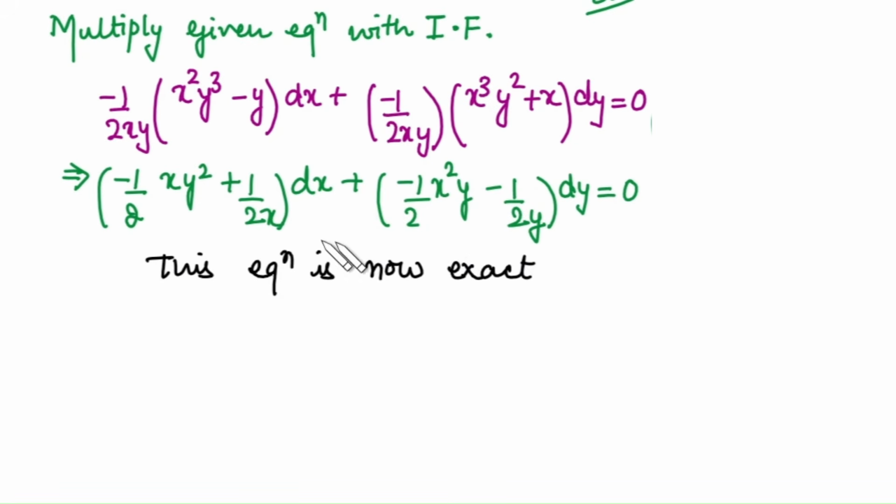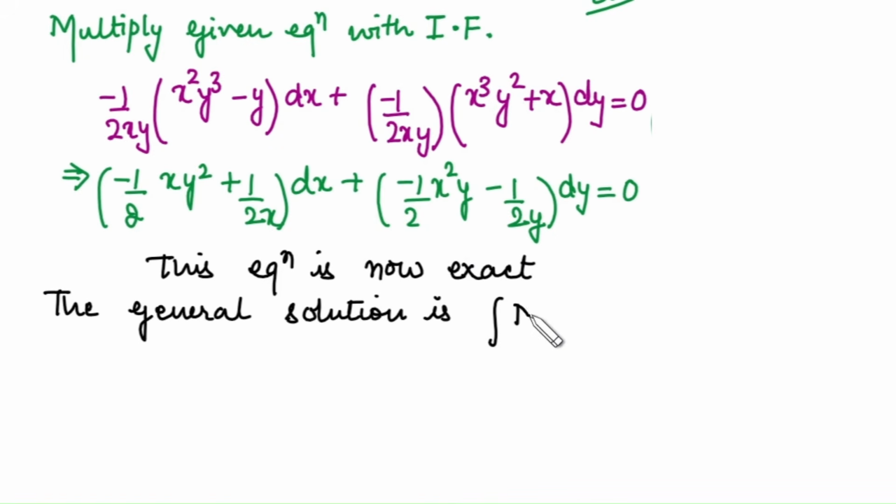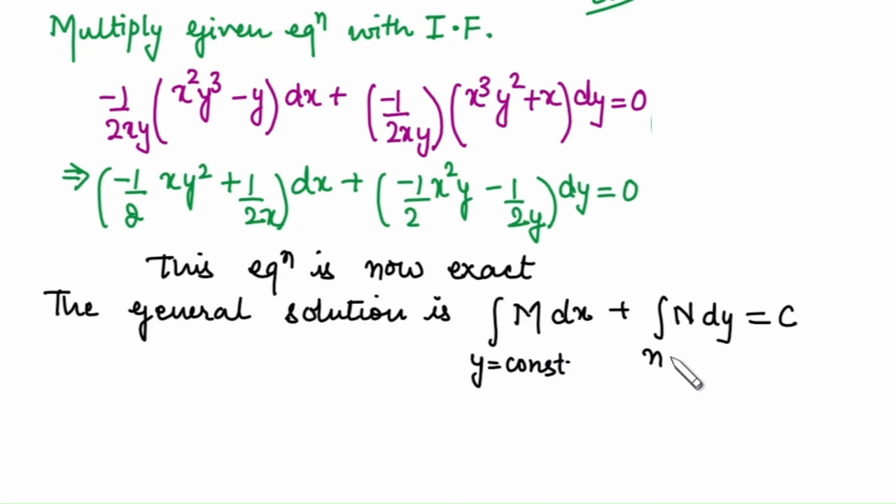So once we have an exact equation, we can write the solution. The general solution is calculated as integration of m with respect to x, plus integration of n with respect to y, is equal to constant, but in this case y is constant, and here we will not consider any term of x. So no terms of x from the n.